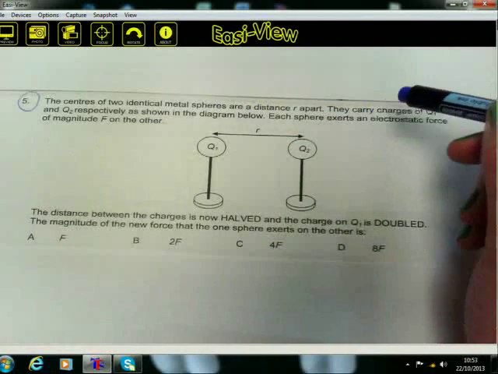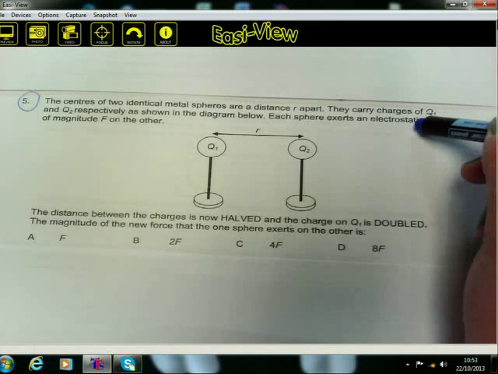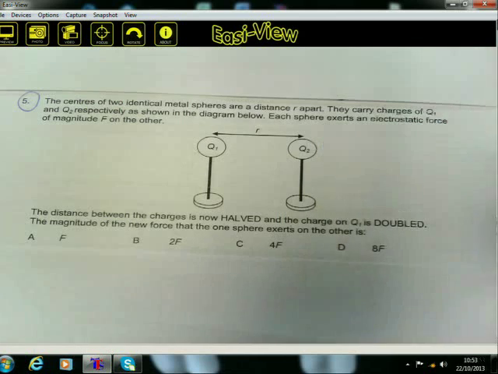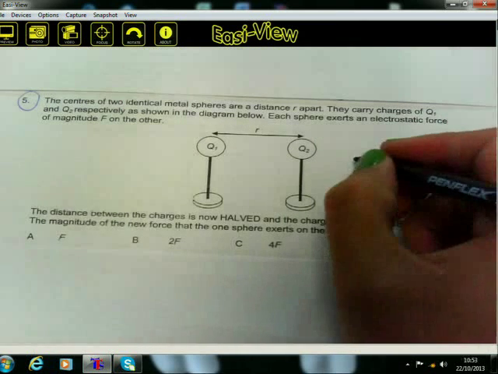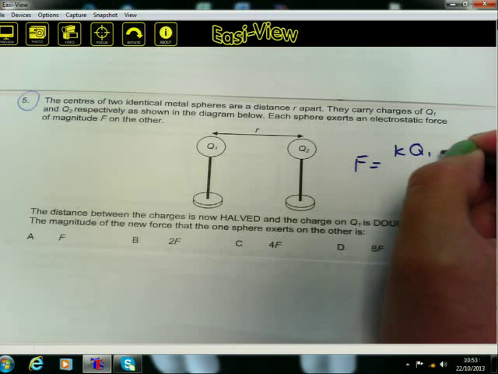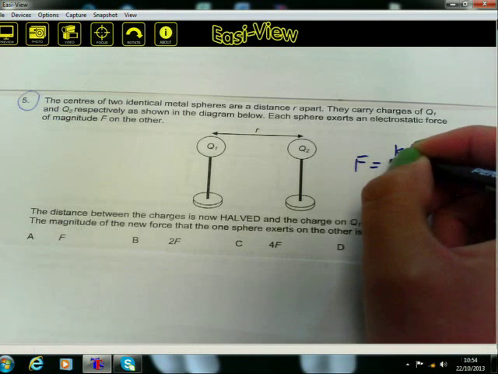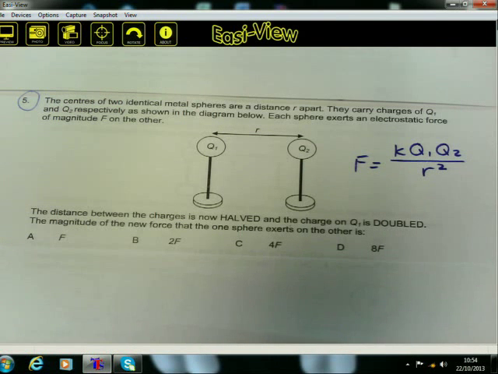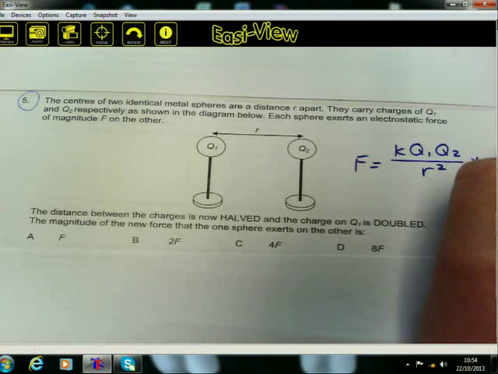Each sphere exerts an electrostatic force of magnitude F on the other. Okay? So we know, remember, F equals K Q1 Q2 over R squared. Now, that's your original expression.